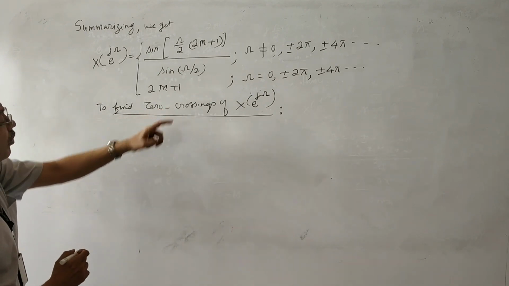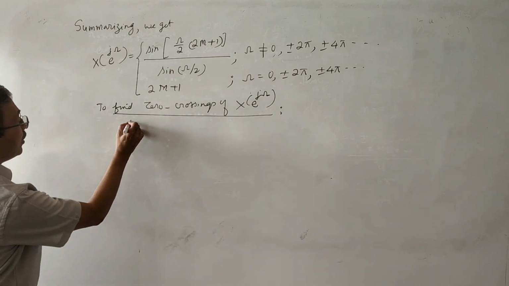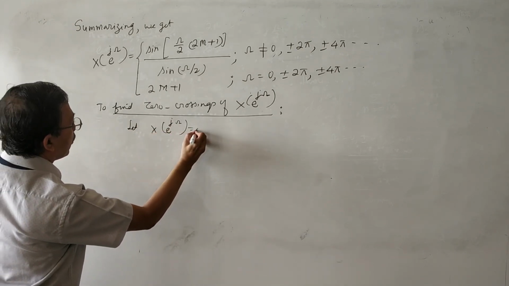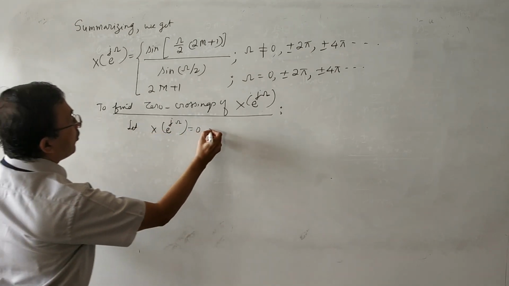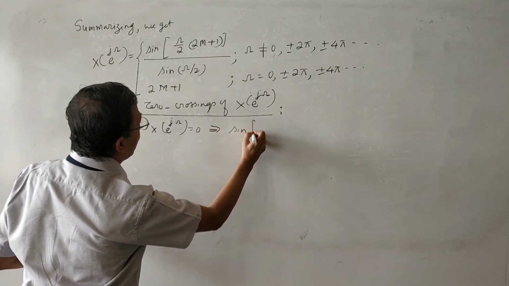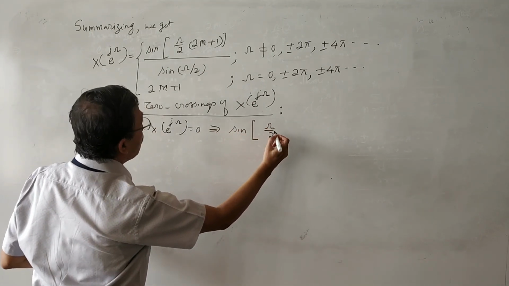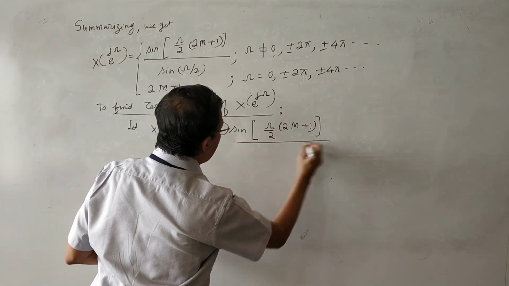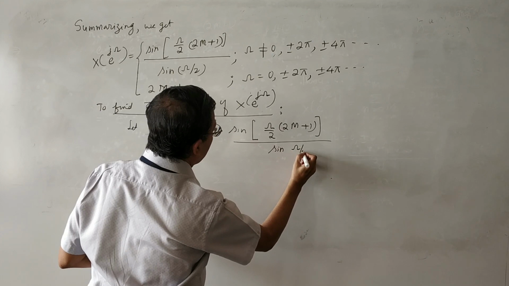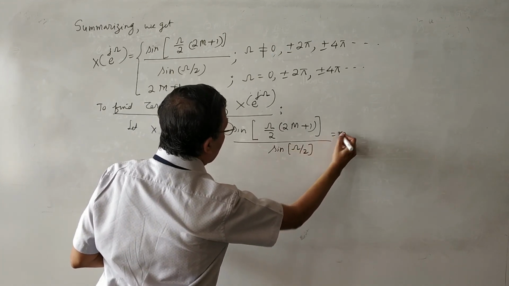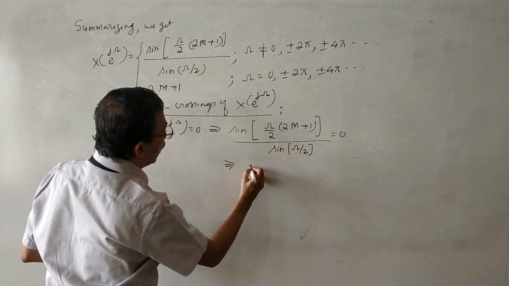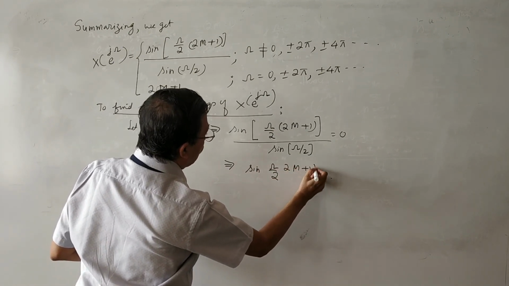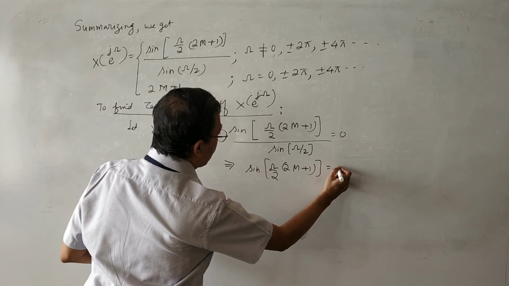To find zero crossings of x of e power j omega, let x of e power j omega be equal to 0. This implies sine of omega by 2 into 2M plus 1, divided by sine of omega by 2, is equal to 0. Cross multiply, and you get sine of omega by 2 into 2M plus 1 equal to 0.